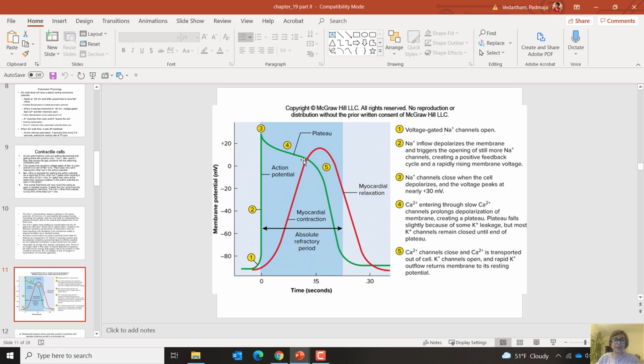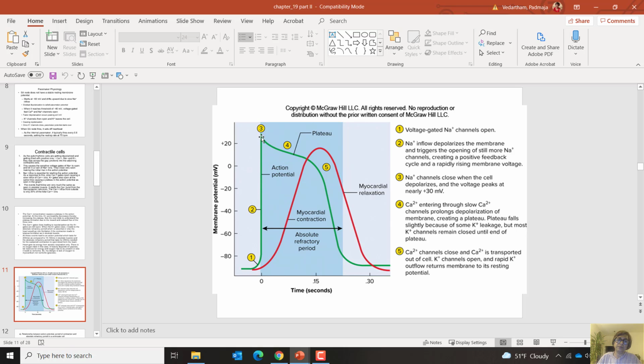That is called a plateau. It kind of stagnates there, right? Then around here calcium gates close, potassium is still open. So calcium is coming in, potassium is going out, calcium stops, potassium is still going out, and that leads to repolarization.